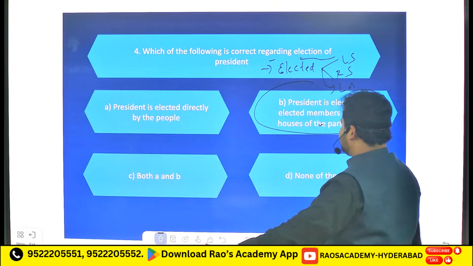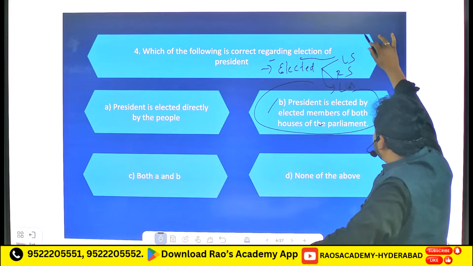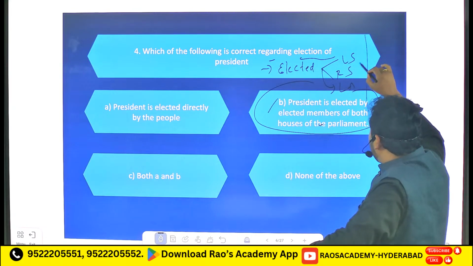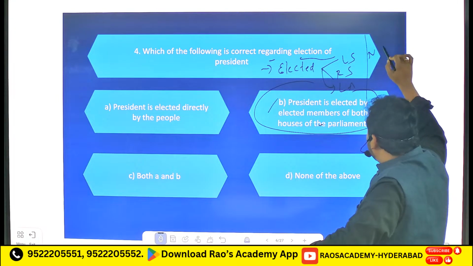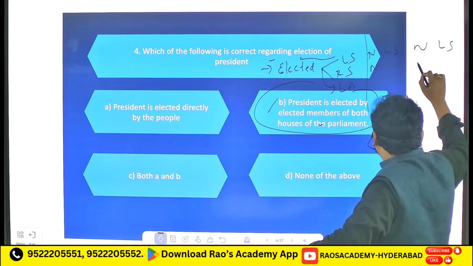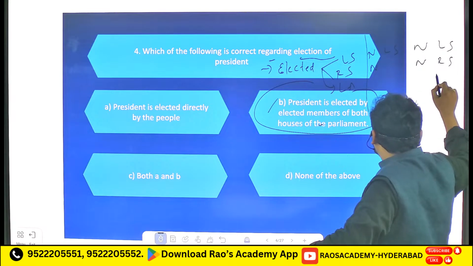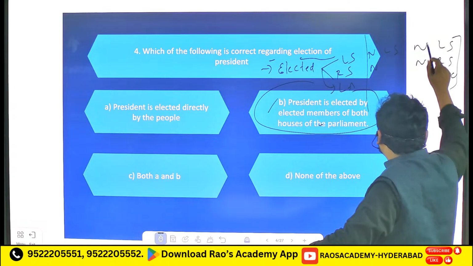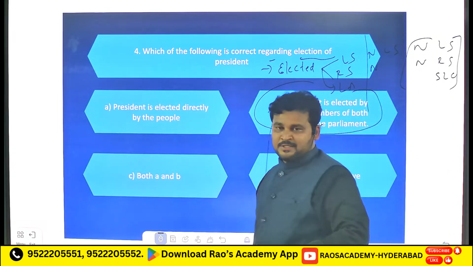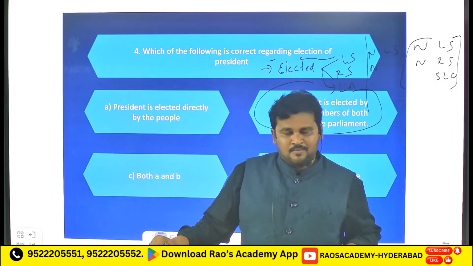Clear? So that's why we can say that B is the answer for this question. But nominated members of Lok Sabha, nominated members of Rajya Sabha, and also members from state legislative councils were not part of the electoral college of the President of India. So that's important information you have to keep in mind.